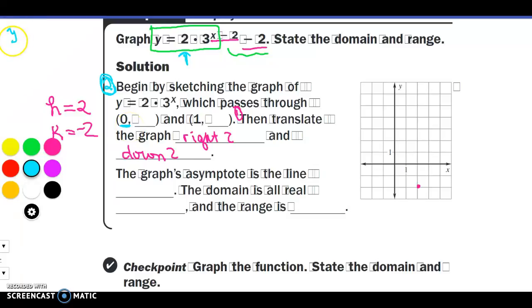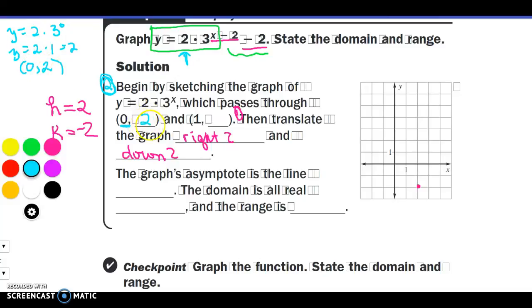So y equals 2 times 3 to the 0 power. And remember, we don't need h and k. They're already marked on the graph at our point. So 3 to the 0 power is 1. So 2 times 1 is 2. So we put 0 in for x, and our output is 2.